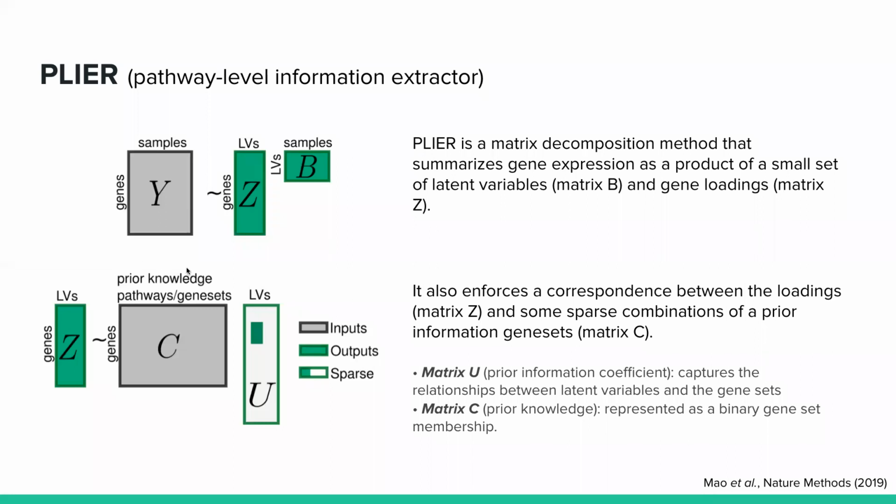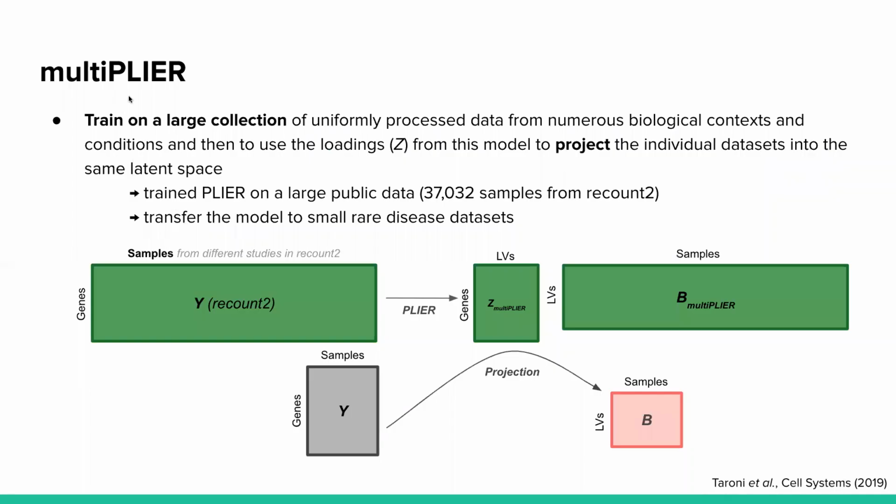samples approach. And then there was a follow-up to that original Plier paper called Multiplier, where they used a large collection of uniformly processed data to do something similar and get these, they called them LVs, latent variables, that would allow you to project new transcriptome data from a new data set onto these interpretable latent variables that had been defined in this large transcriptome data set.